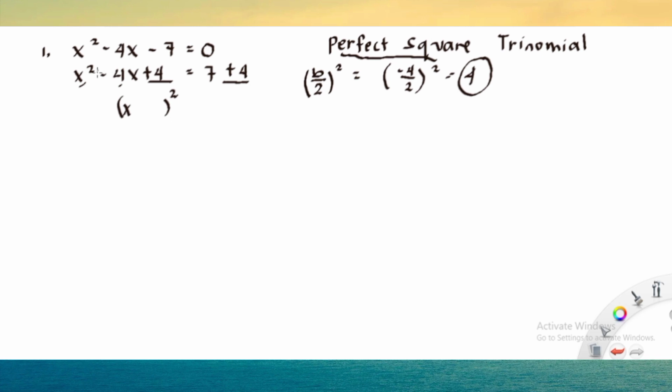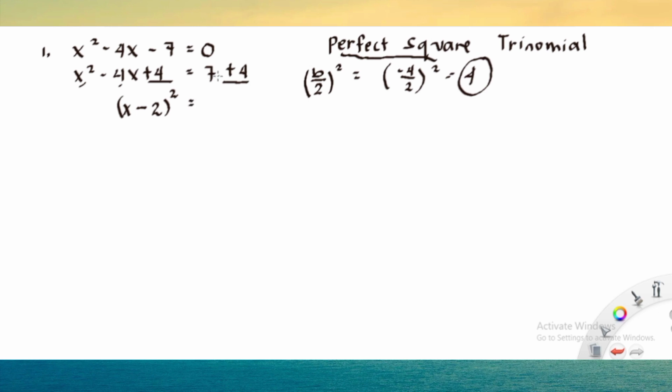Copy the sign of the middle term, that is minus, and then get the square root of 4, which is 2. Okay? So, dito sa perfect square trinomial na to, bakit siya perfect square? Kasi perfect square ang x squared, perfect square ang 4, at ang middle term natin ay equal sa 2 times x times negative 2. So, that's how we check if the trinomial is perfect square.